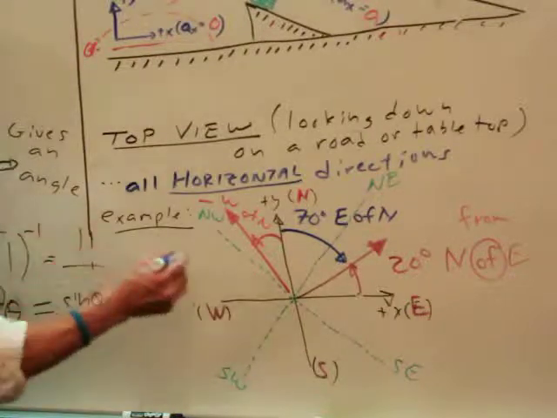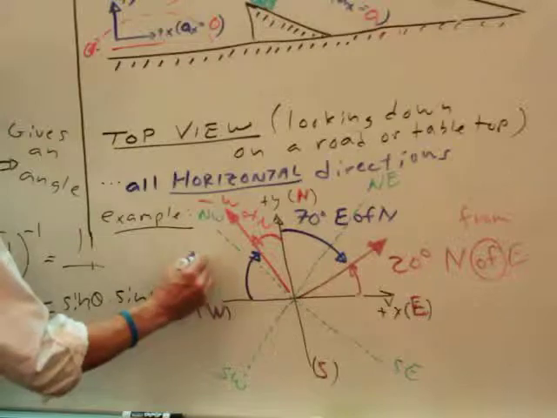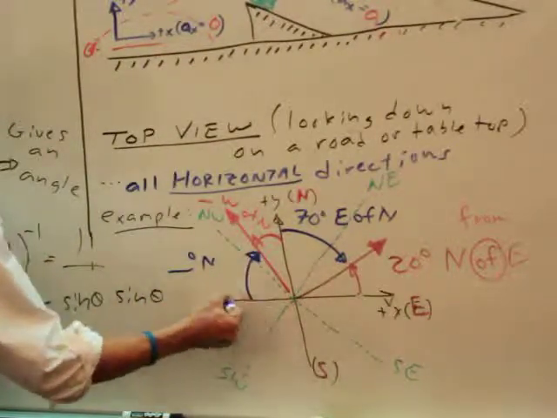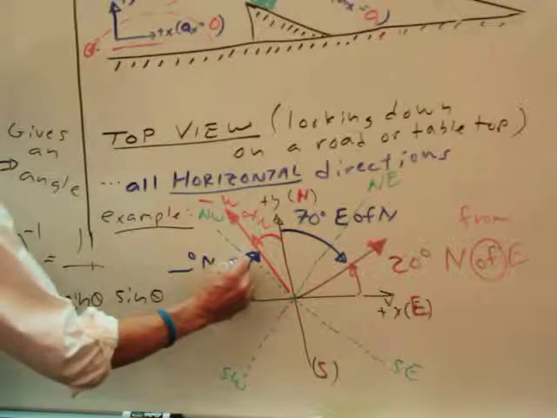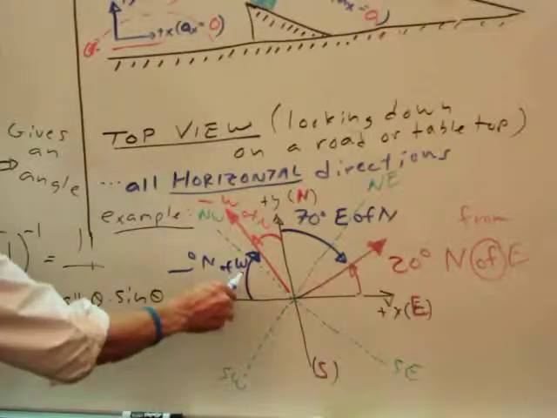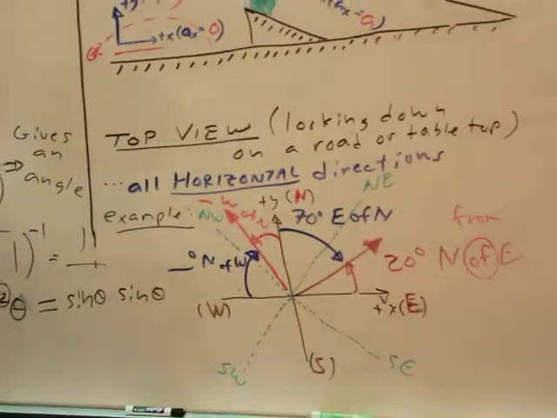Or I could say the same direction, saying I'm going some degrees northward from west. Confusing, sort of, but just think of it reading backwards. From west, I head north this many degrees.